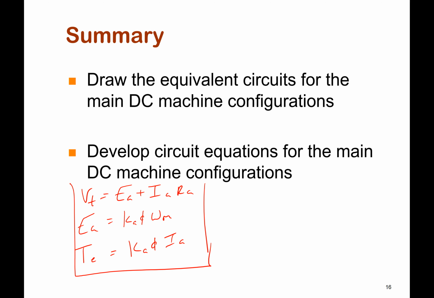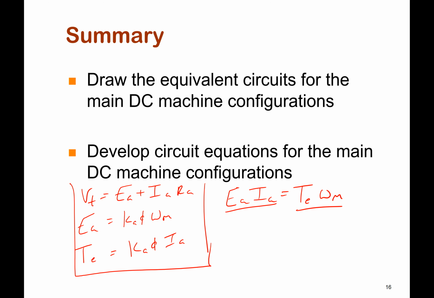And I forgot one more: EA IA is equal to TE omega M. The electromagnetic power on the electrical side is equal to the electromagnetic power on the mechanical side. So these four equations are what you need to know, the things that define the DC machine.